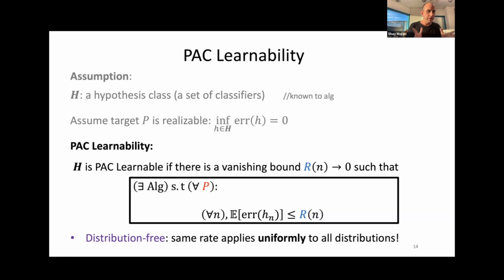This is exactly the worst case nature of PAC learnability. You could, and we will soon, consider a different definition in which for different distributions, you have a different rate at which the curve goes to 0. Any questions?